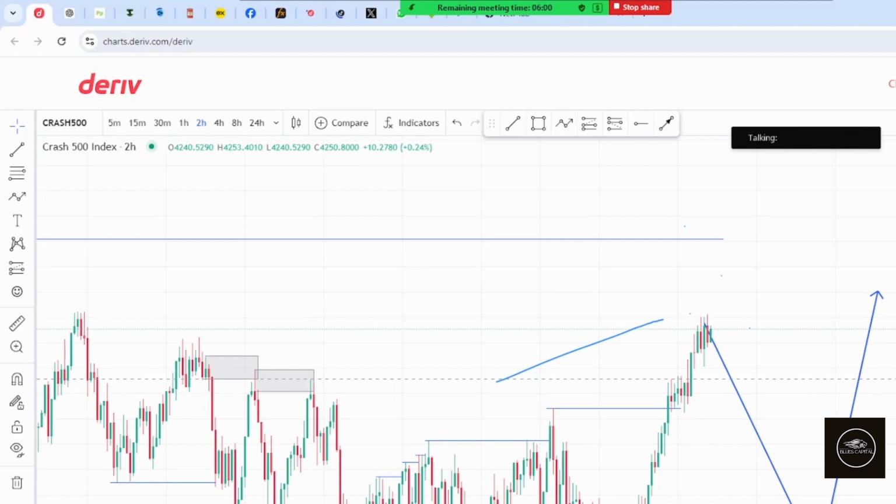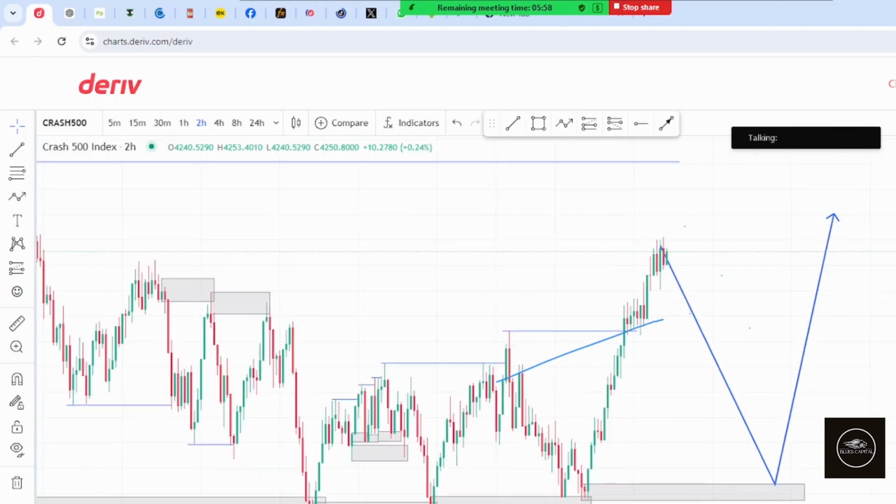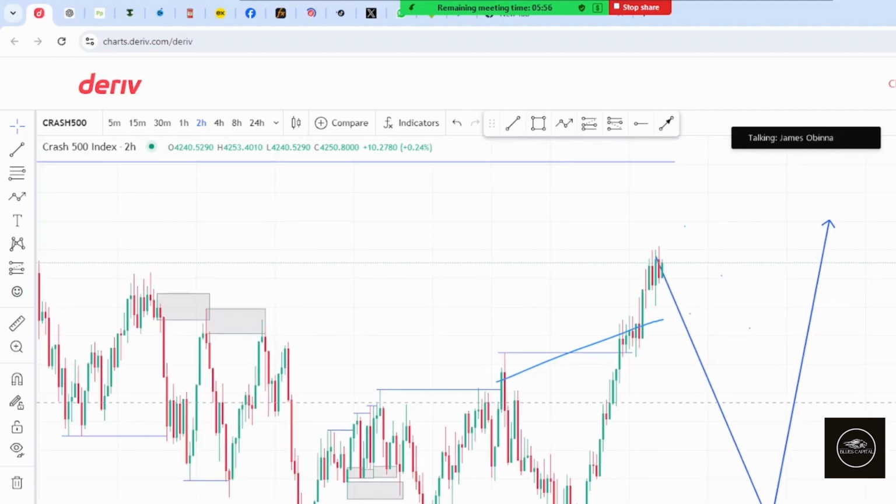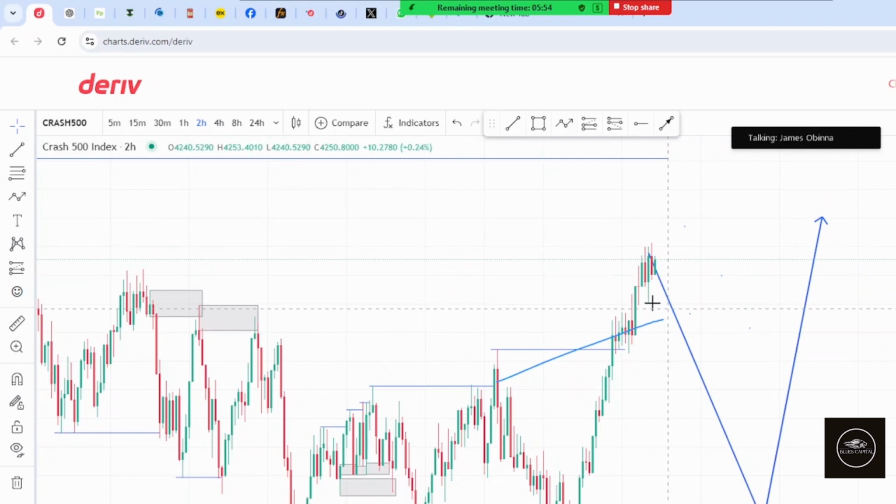Do you understand? The extreme zones are the discount and premium zones. If it's a supply zone, we call it a premium supply zone. If it's a demand zone, we call it a discount zone. So I would rather choose the extreme zone than the middle zones.